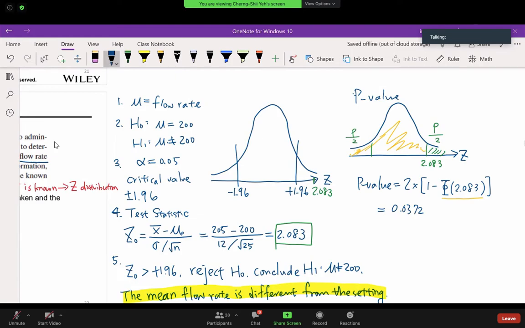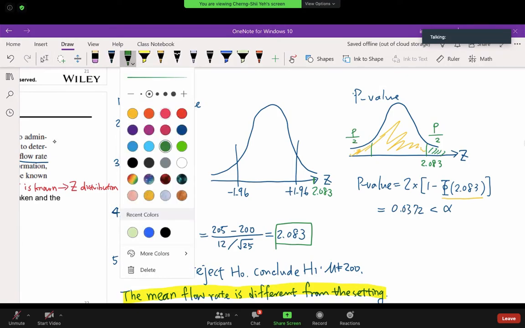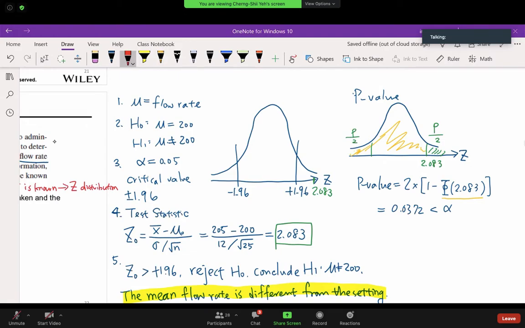This value obviously is less than our alpha. Alpha is 0.05, which means my alpha is here, a greater area than my p-value. Which also means my test statistic is located outside the confidence interval. P-value less than alpha, we reject the null hypothesis.